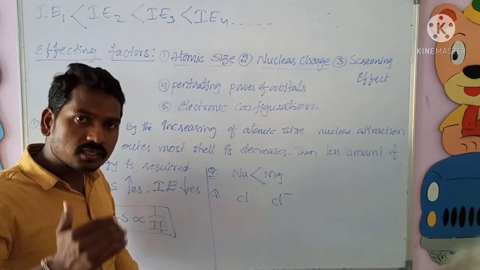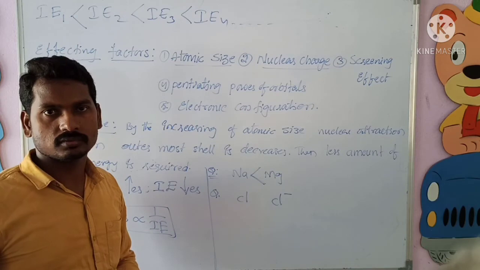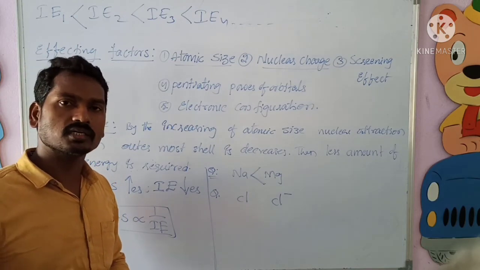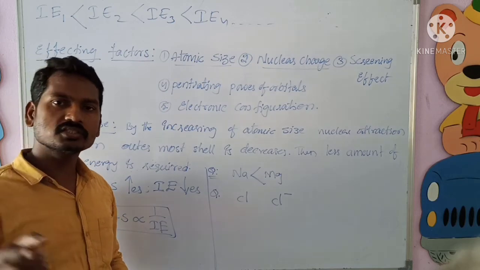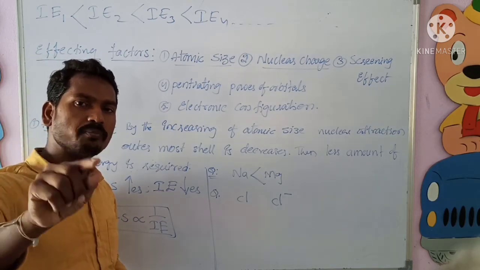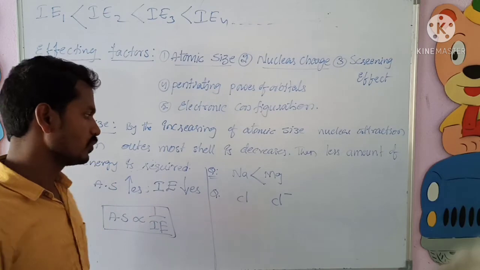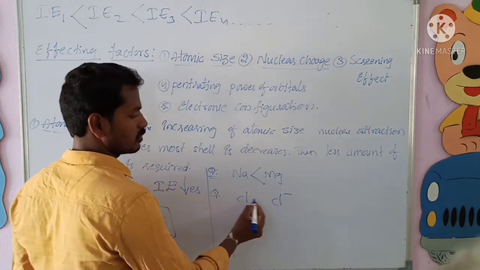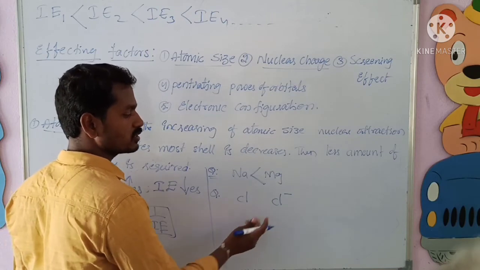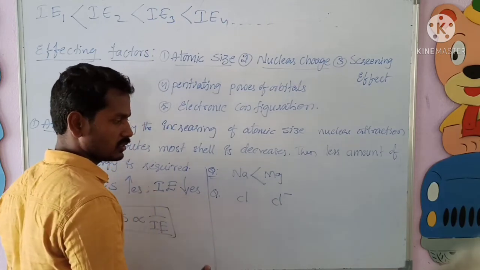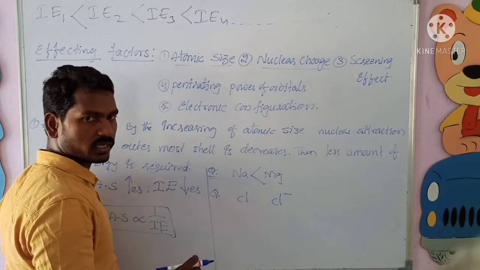By the increasing of positive charge, electrons are removed, and the size will decrease. So Cl minus has the bigger size and Cl has the smaller size.